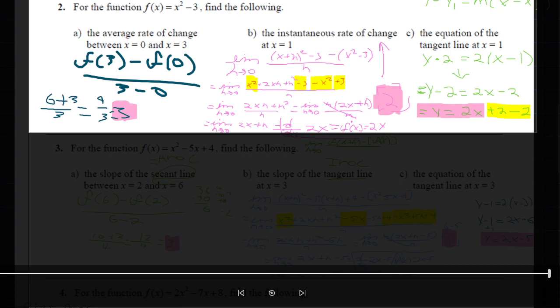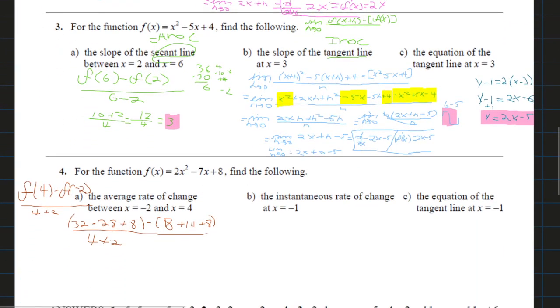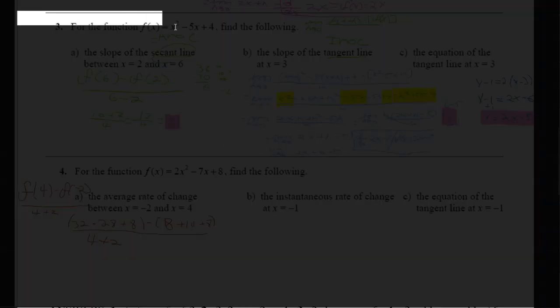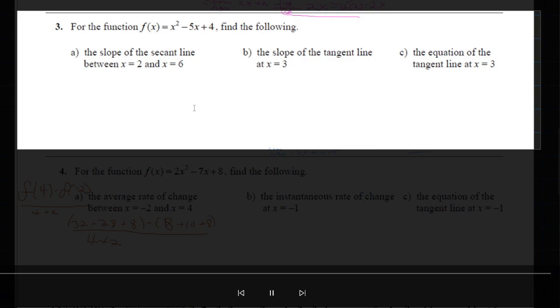Your y-intercept slope form. I'm pretty sure I said it wrong, but yes. And here I have further work for the next period. And here IROC just means average rate of change.